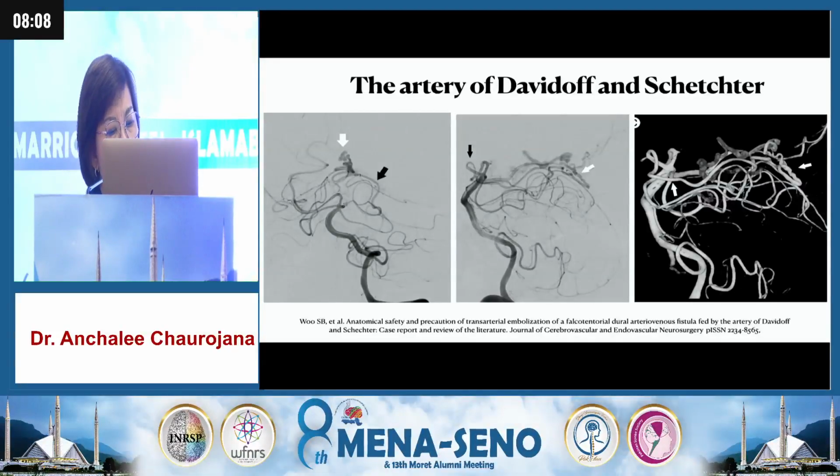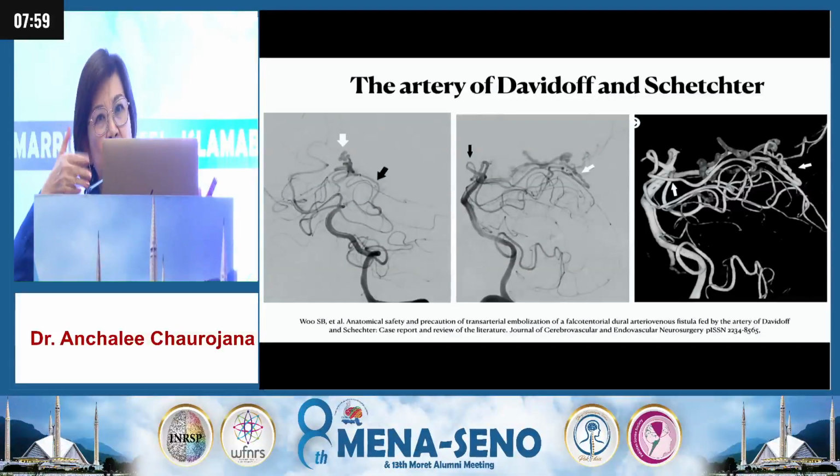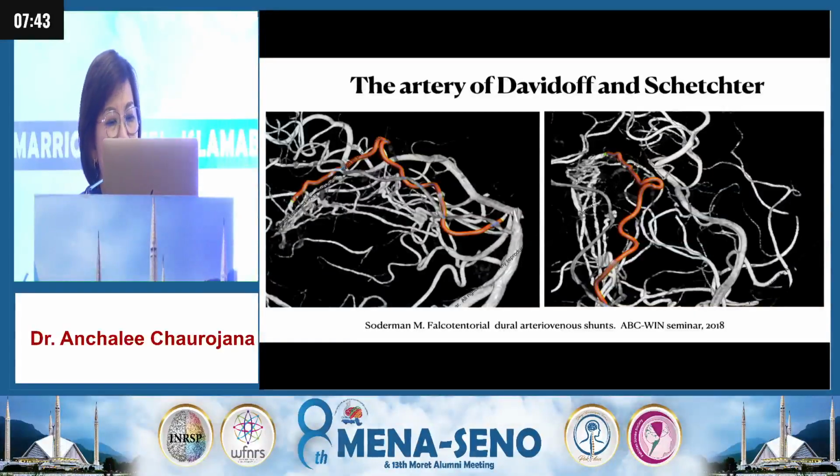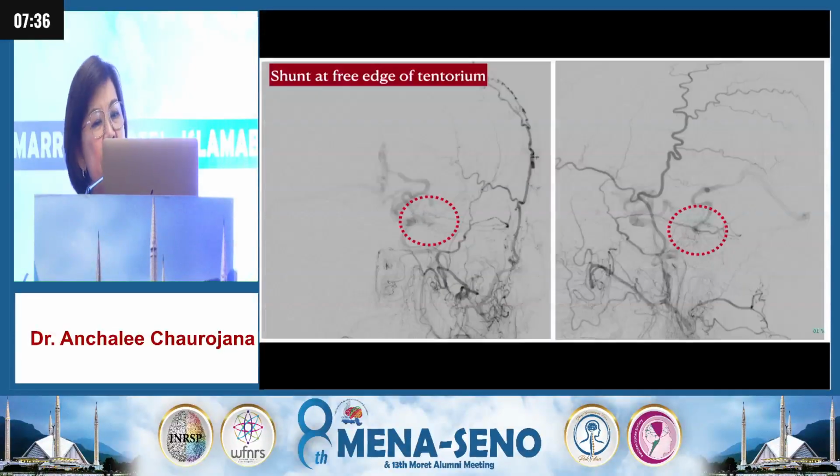It goes down beneath the tentorium, surrounds the brainstem, and supplies the midline of the tentorium cerebelli. This is one of the arteries that comes from the posterior cerebral artery and supplies this kind of shunt. Remember, it is a dural supply, not a pial supply. This also demonstrates the red line of the course of the artery of Davidoff-Schechter.